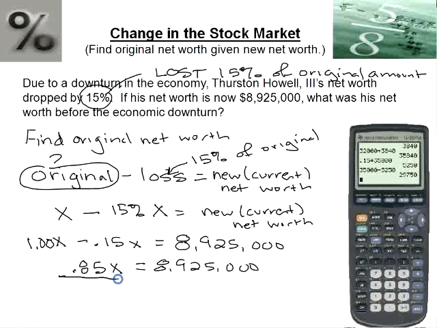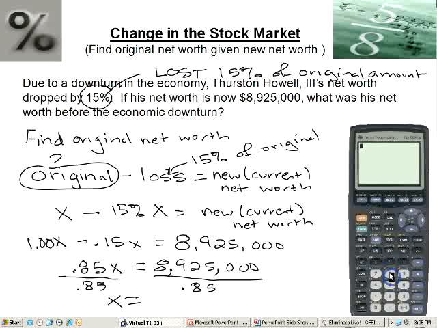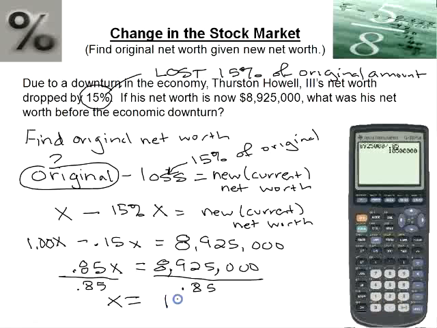8,925,000. Divide by 0.85, and we'll see what X is. So I'll need my calculator here. 8,925,000 divided by 0.85 is, help me with the zeros here, $10,500,000.